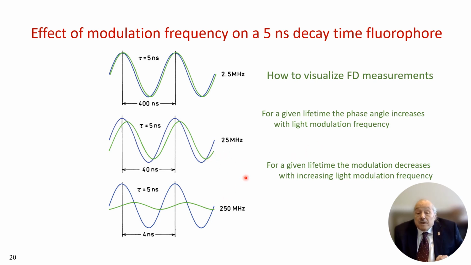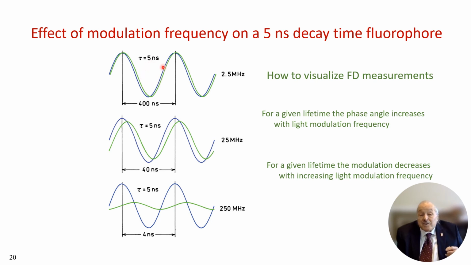I'd like to give you an idea of why the phase and the modulation change with the frequency of modulation. And I'm going to do this in 2 slides. They're slightly different, but let's look at this. Let's assume that these are all for a 5 nanosecond decay.